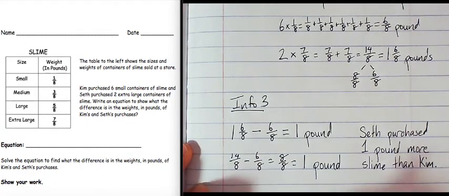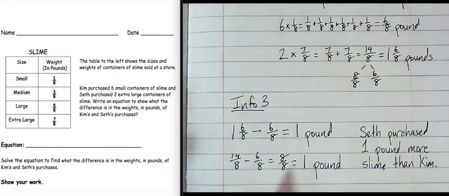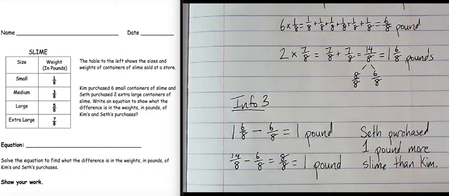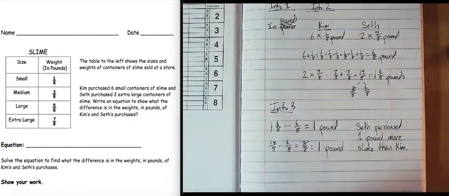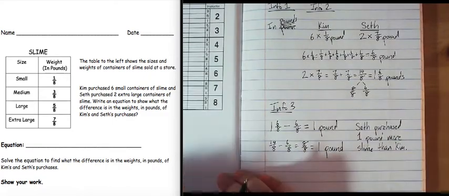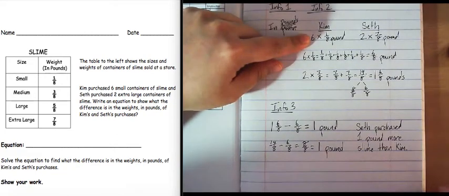Now, let's not forget that in info 3, it says to write an equation to show what the difference is in the weights in pounds of Kim's and Seth's purchases. So let's make sure we write an equation that shows the steps we took all in one equation. So let's try that out. First, we determined how much slime Kim purchased.